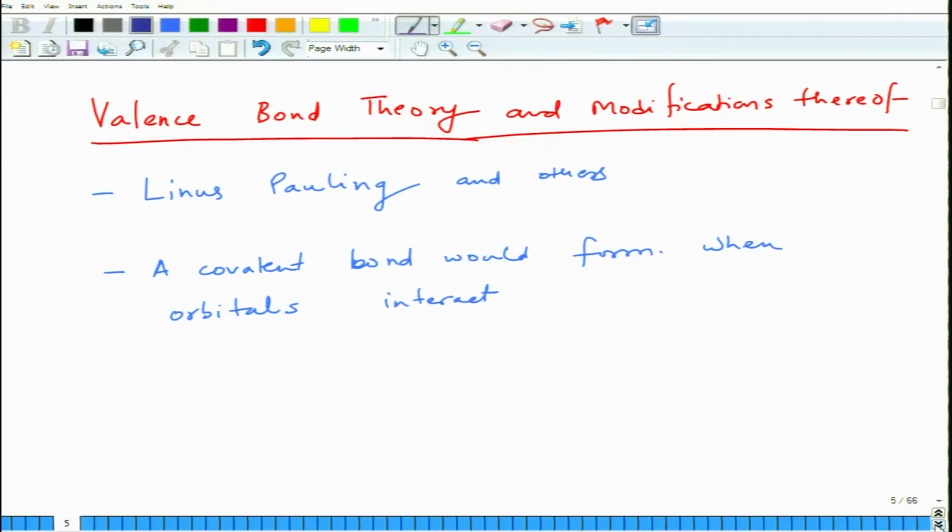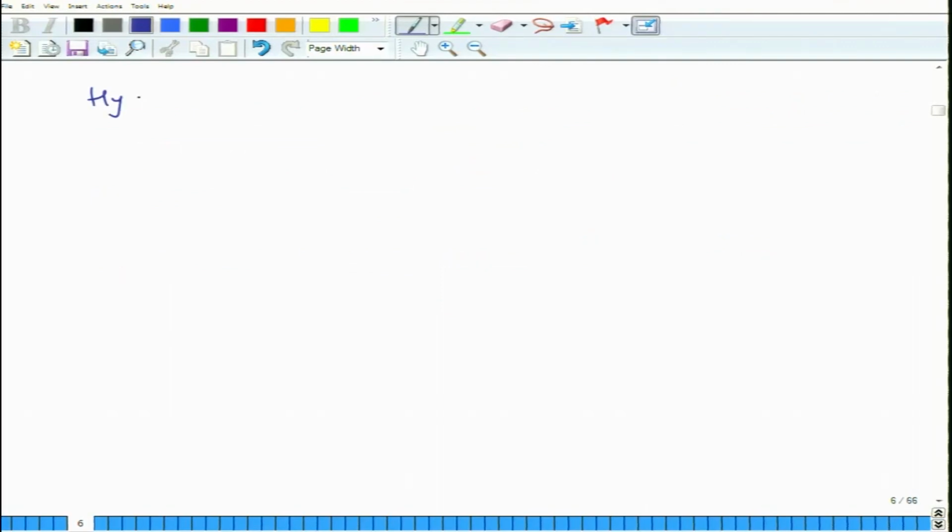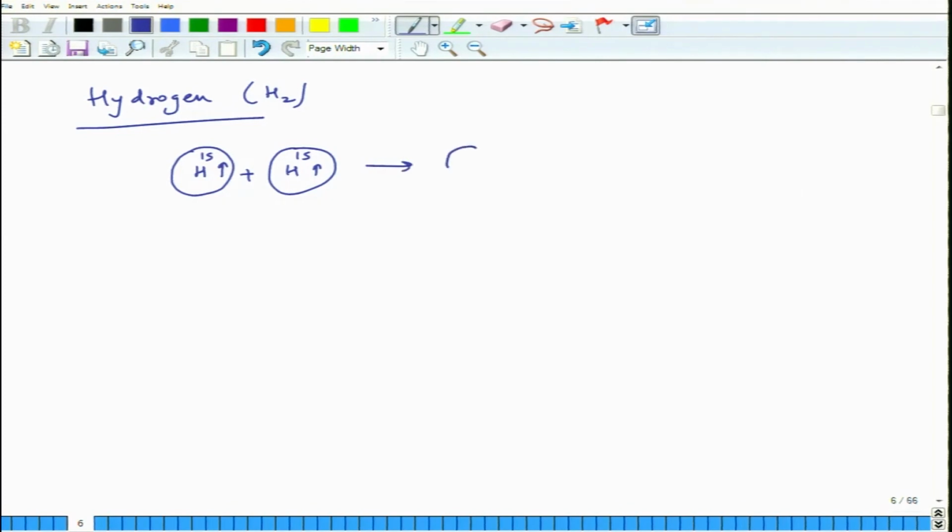So, for example, if you take the example of hydrogen, we know an H atom is 1s and another H atom is again 1s, and if you put these two together there is this overlap of orbitals, and when they interact with each other, one spin would be up, another spin would be down.